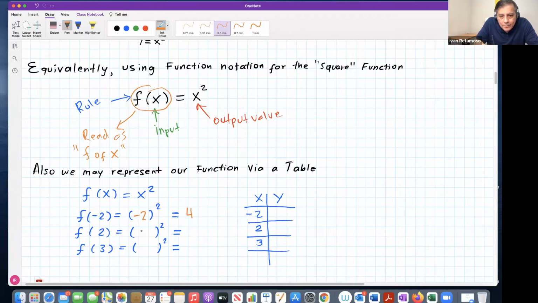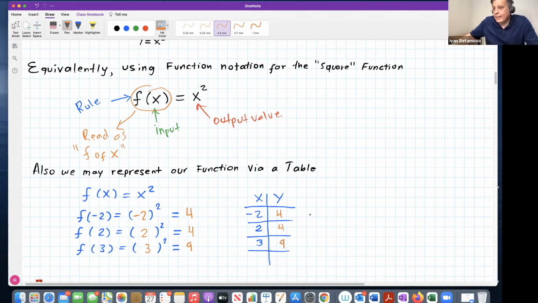F of 2 is 2 times 2, 4. F of 3 is 3 times 3, 9, right? And now we can translate all this information into this table. X for the first column, Y for the second column. For X values, -2, 2, and 3. The output values should be 4, 4, and 9, right?